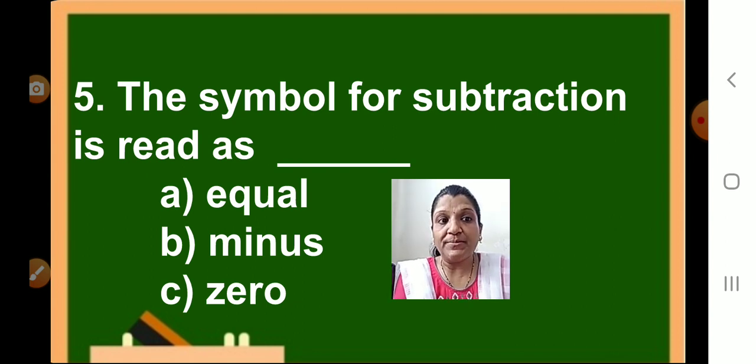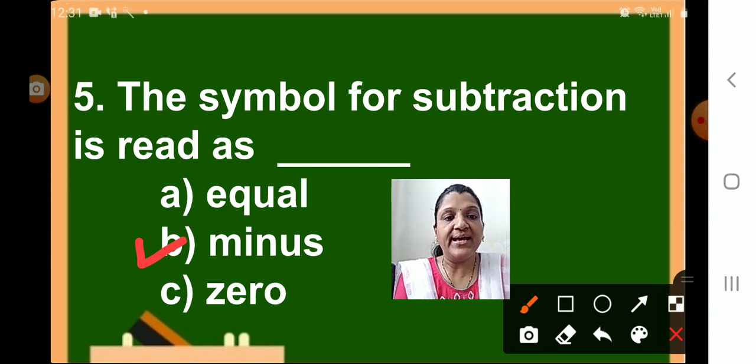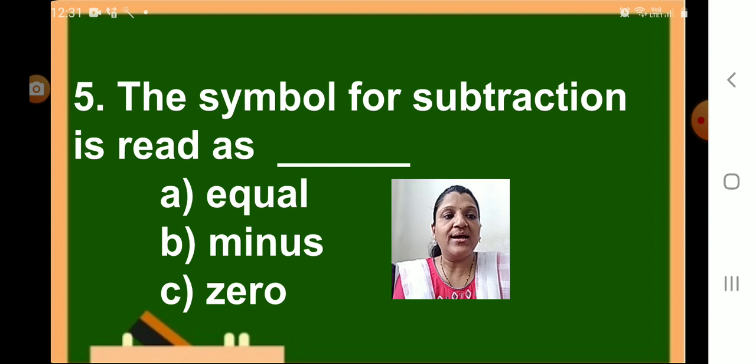Let us read the options. A equal, B minus, C 0. Which symbol do we give for subtraction? Yes, minus. So option B is the correct answer. So tick option B, minus. Let's move to the next question.